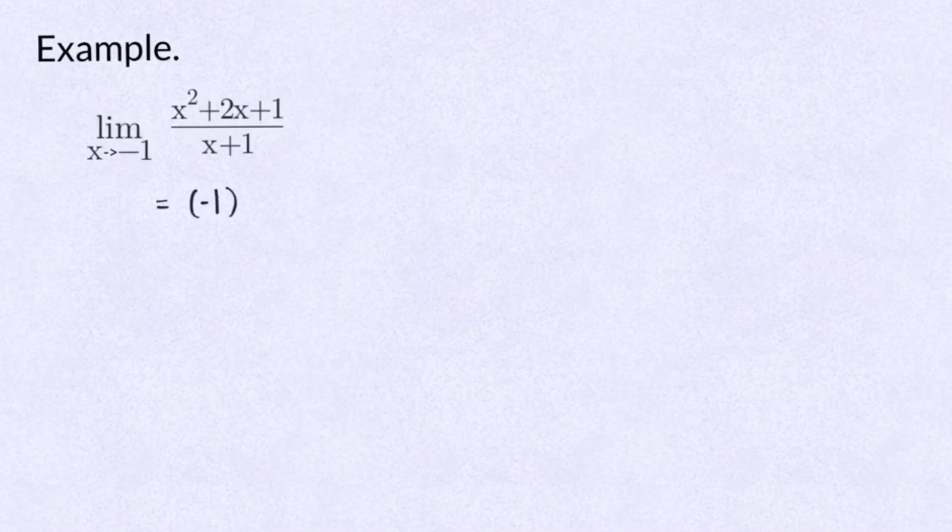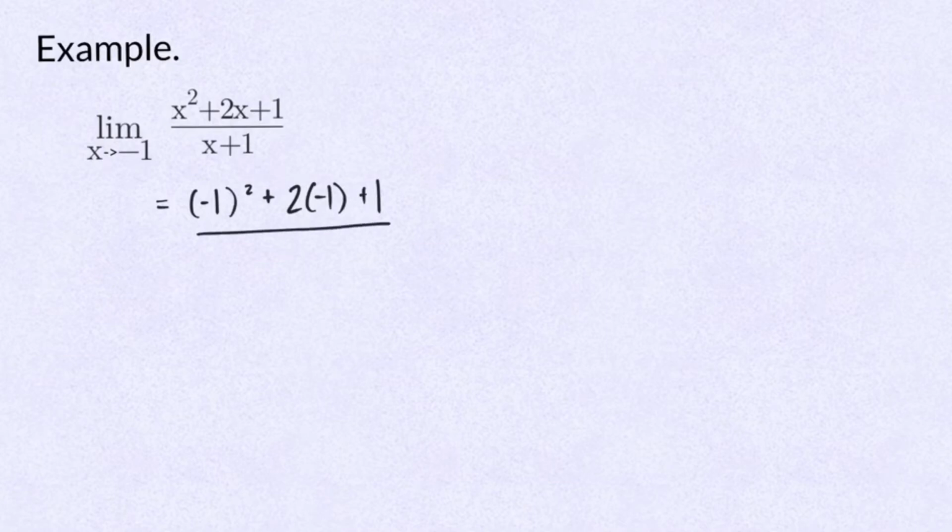Negative 1 squared plus 2 times negative 1 plus 1 over negative 1 plus 1. Negative 1 squared is equal to positive 1, and negative 1 times 2 is equal to negative 2.